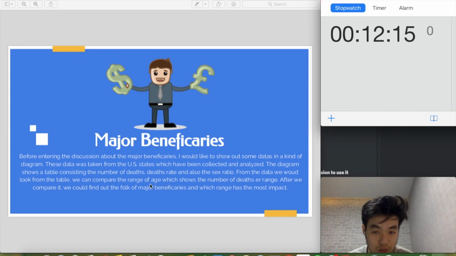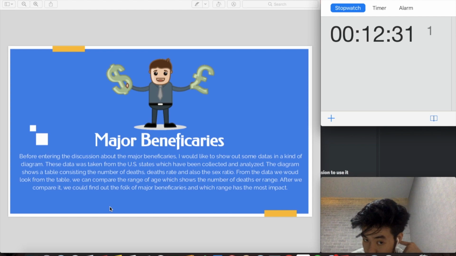From the table, we can compare the age ranges, which show the number of deaths per range. After we compare it, we could find out the bulk of major beneficiaries and which range has the most impact.